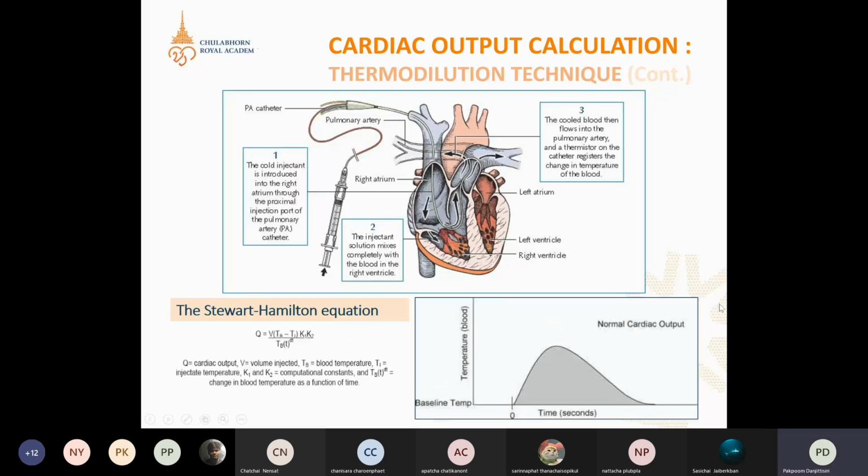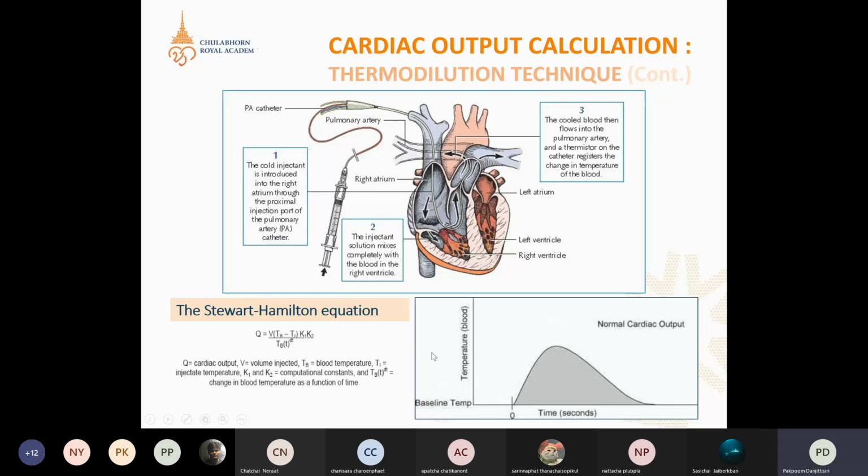So the computer will be able to detect the time and the temperature change as the cold blood inside the right ventricle travels to the pulmonary artery until it reaches the thermistor at the end of the catheter.